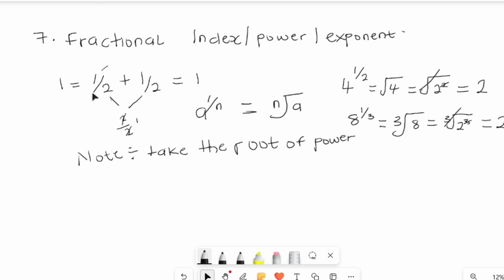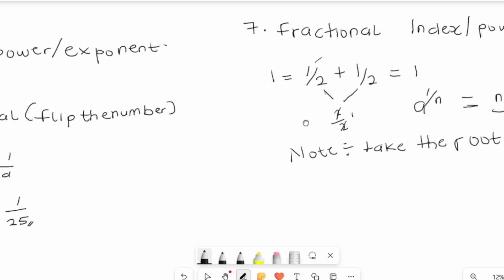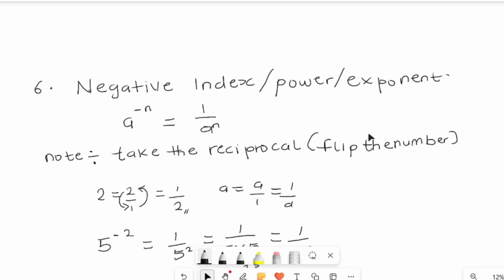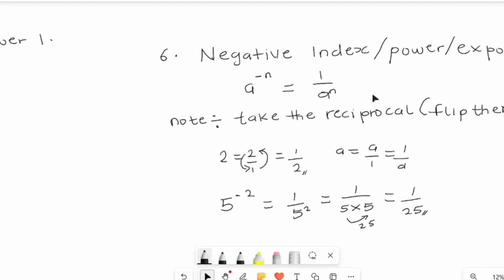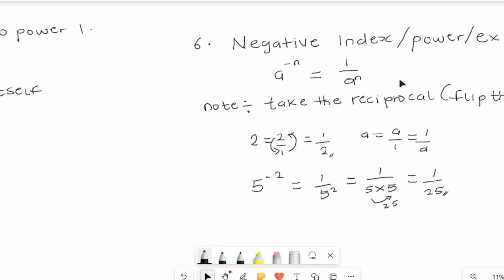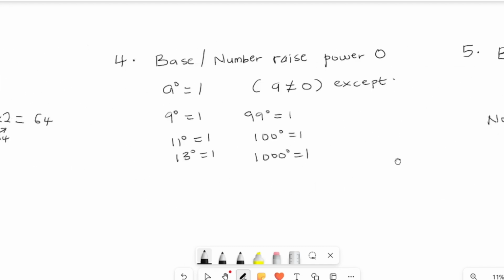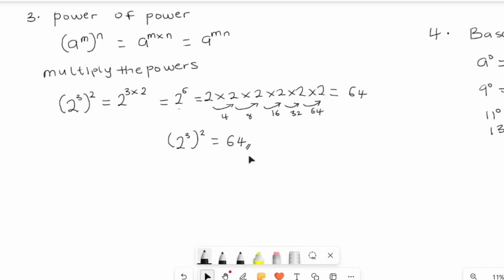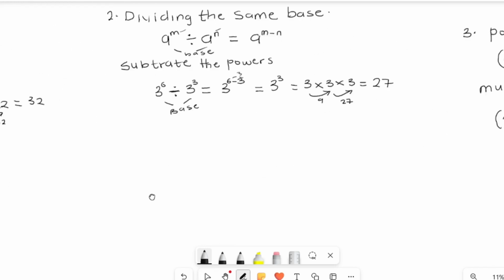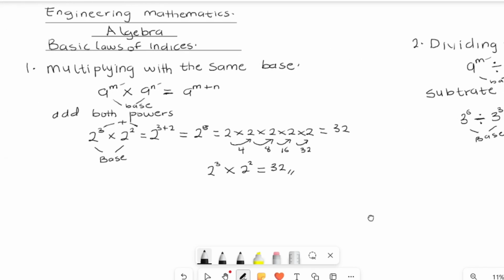So these are the 7 basic laws of indices. We've covered them. Let's just take a recap of all we did. The first one was multiplying with the same base, and we said that while multiplying with the same base, simply add both powers.